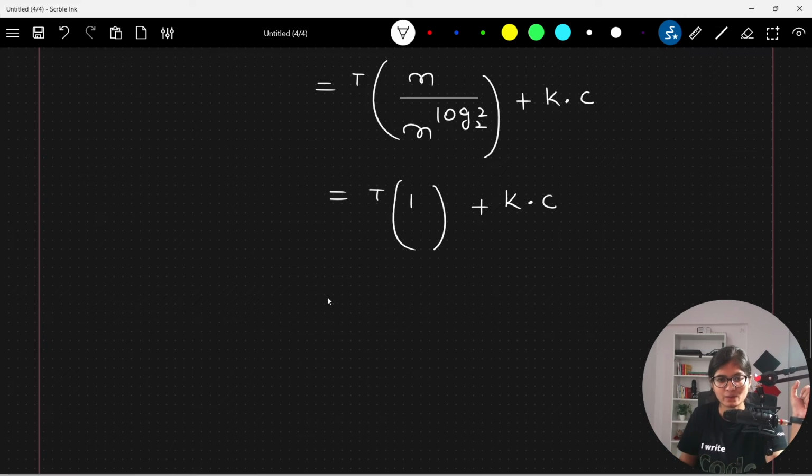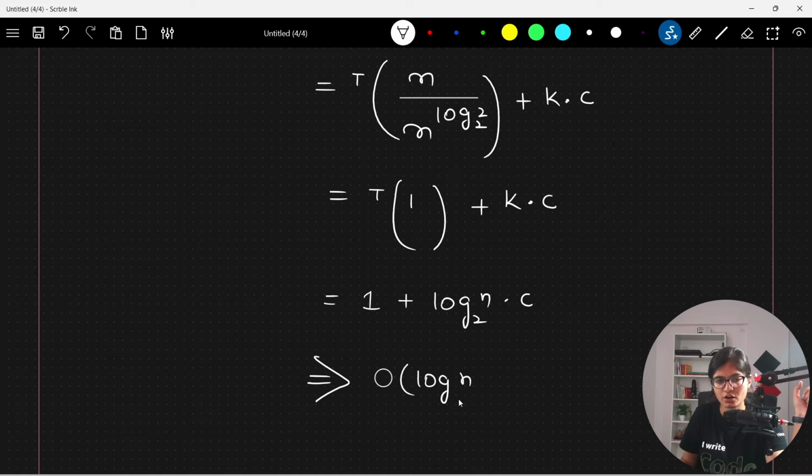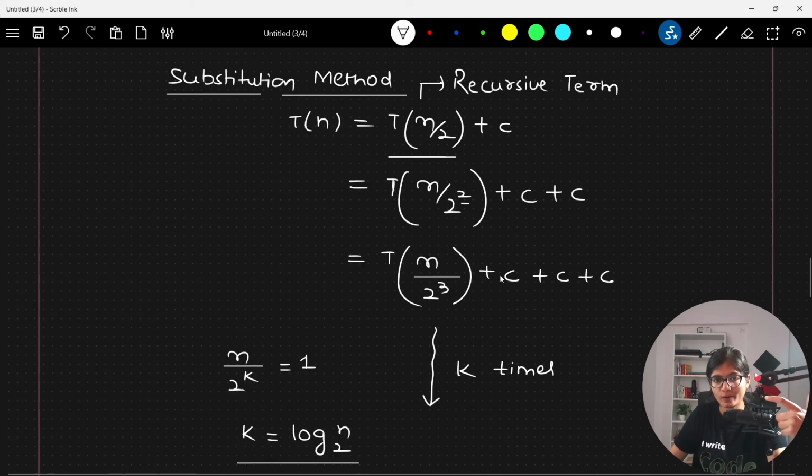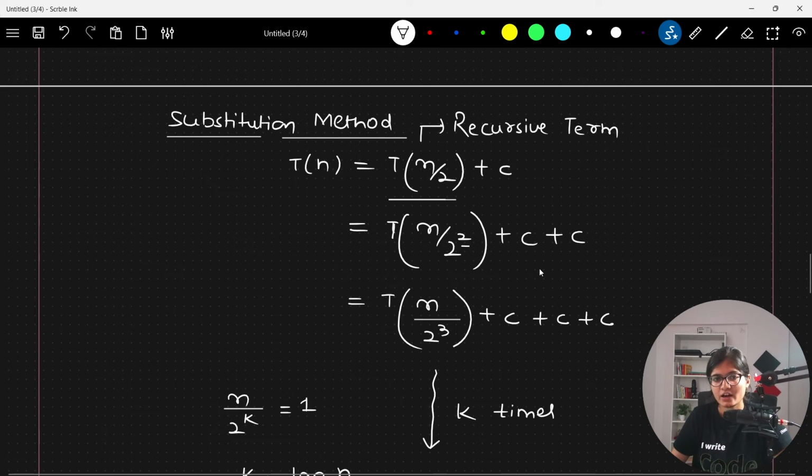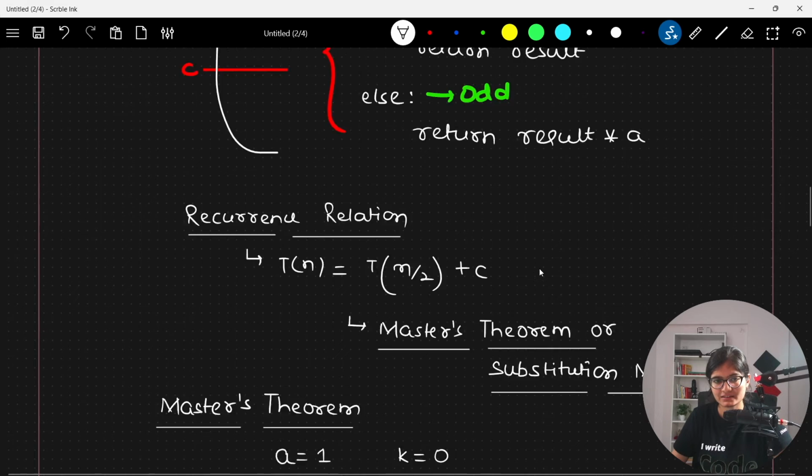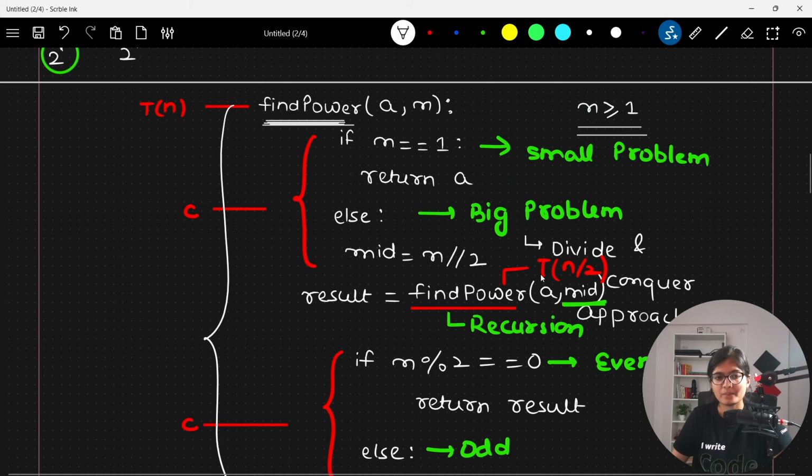T of 1 is a constant 1, plus k, whose value is log of n base 2, into c. So overall, you will be able to get the time complexity of order of log of n base 2. This is the overall time complexity of this particular recurrence relation, or the time complexity of the approach that we have discussed for finding the power of an element, right?